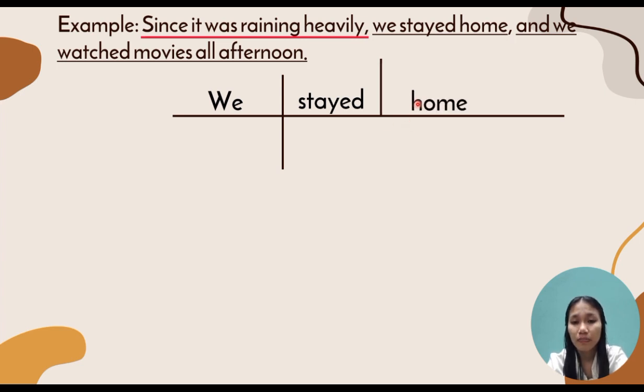Then next, "since it was raining heavily." Since is our subordinating conjunction. That is why we are going to make use again of a broken line to represent our subordinating conjunction. Then again, it was raining heavily.